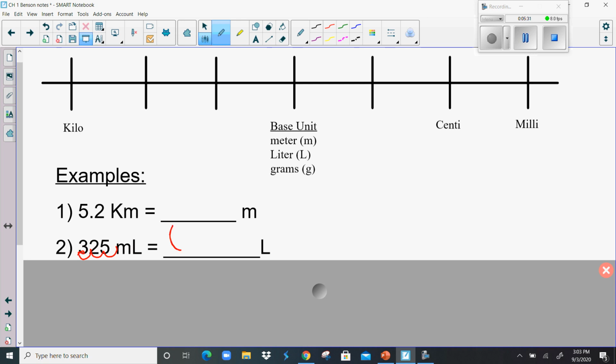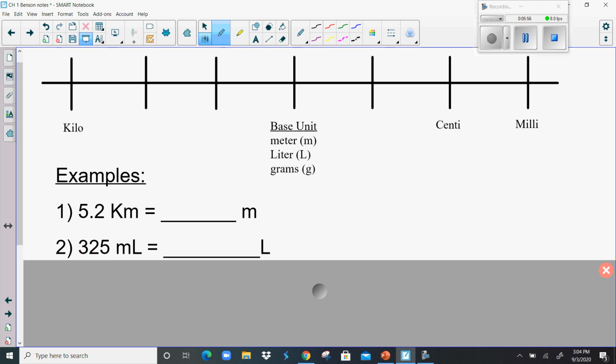I don't like to have dangling decimals, as I learned way back in college. One of my college professors wouldn't even grade my paper if I didn't have a 0 in front of my decimal point. So you'll always see me do that. I moved it 3 to the left. It was right out here, my decimal point, 1, 2, 3 to the left is going to be 0.325 liters.